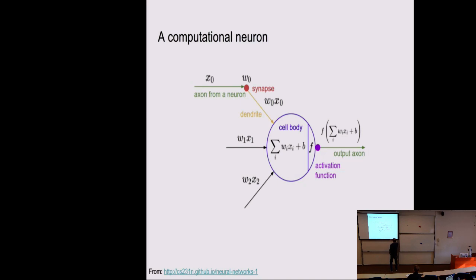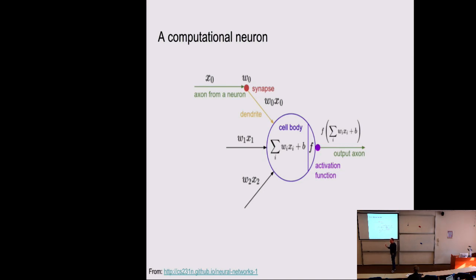The cell body is going to be represented by a sum of all these weights multiplied by all these inputs, W's and X's summed together, possibly with a bias. And whenever this sum, for example, is positive, then we're going to say our neuron outputs some signal, and whenever it's negative, it doesn't output a signal.